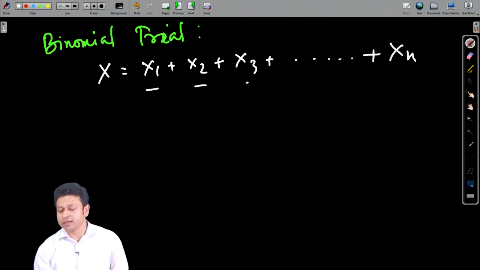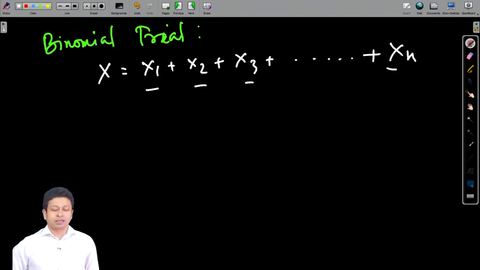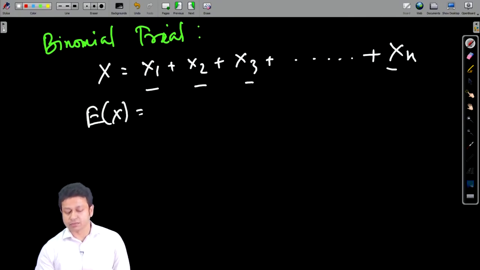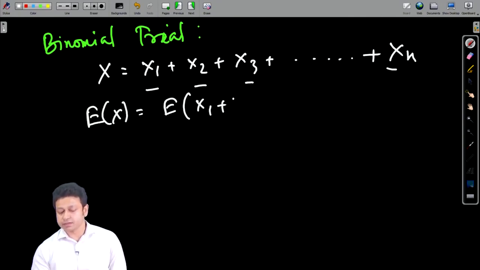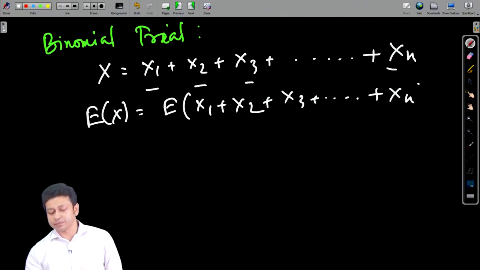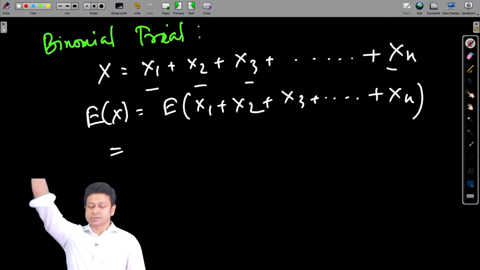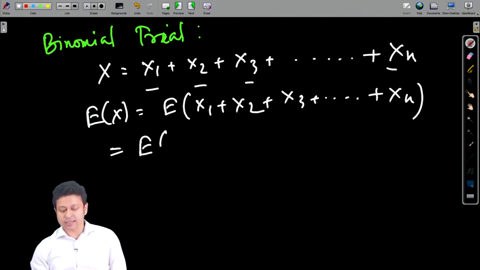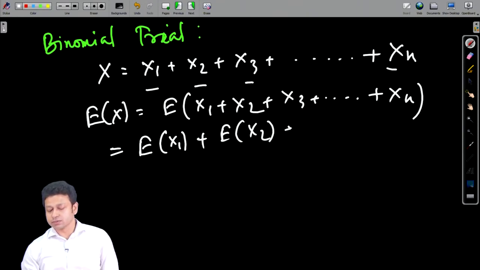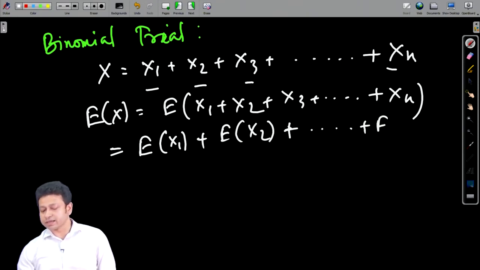These are all independent Bernoulli trials. Now I take expectation on both sides, and we know from the expectation rule that I can write it as the expectation of X1 plus the expectation of X2 plus up to the expectation of Xn.